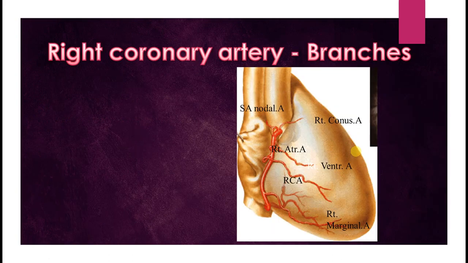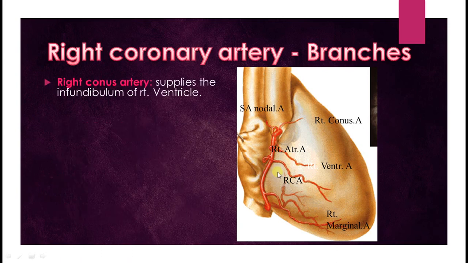Each segment, whether anterior or posterior, has atrial and ventricular rami. These are the branches which traverse and supply the right ventricle and the right atrium.